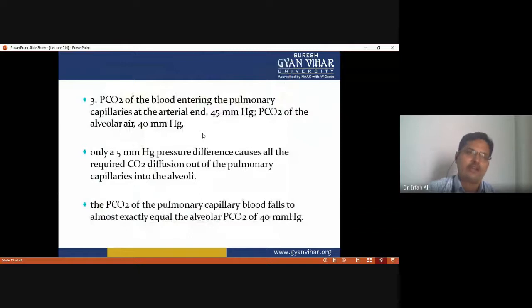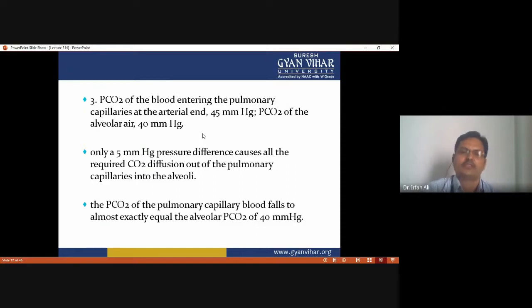The partial pressure of carbon dioxide of the blood entering the pulmonary capillary at the arterial end is 45 mmHg, and the partial pressure of carbon dioxide of the alveolar air is 40 mmHg. So only a 5 mmHg pressure difference causes all the required carbon dioxide diffusion out of the pulmonary capillaries into the alveoli.